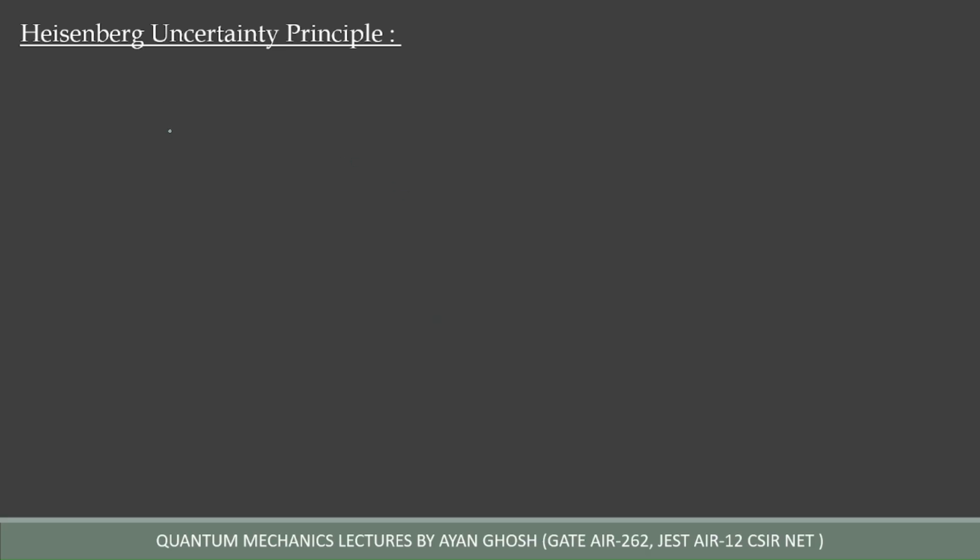The first question that comes to our mind is how this uncertainty comes. So in one word, this uncertainty comes from the wave nature of the particles.